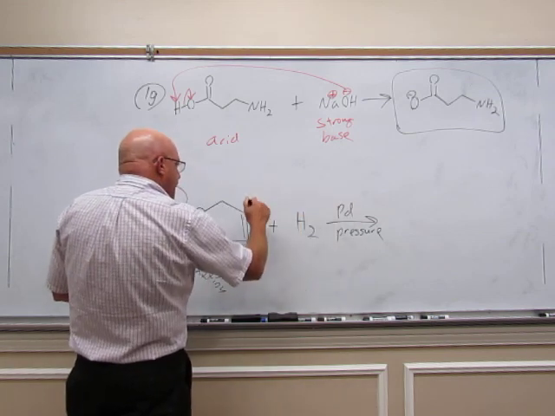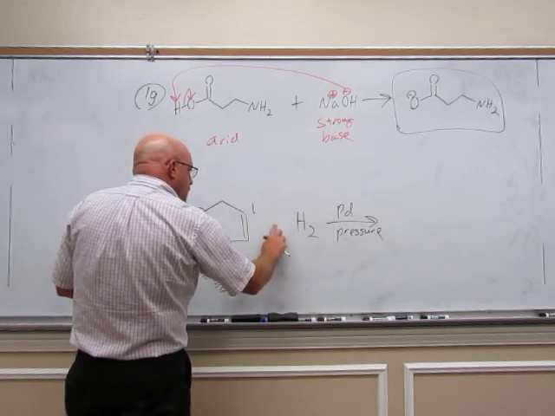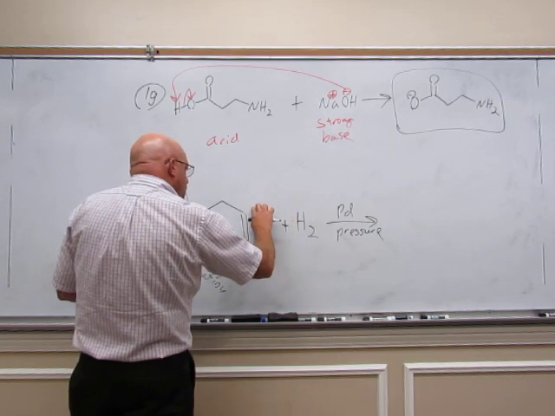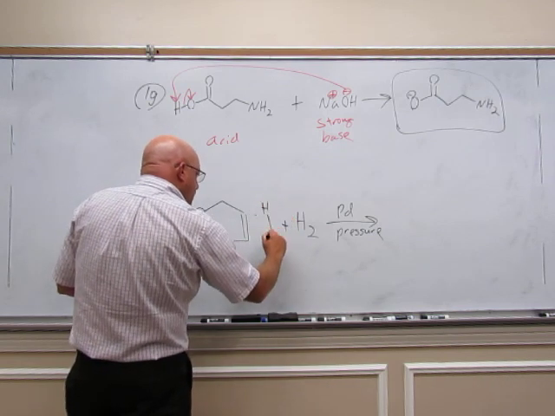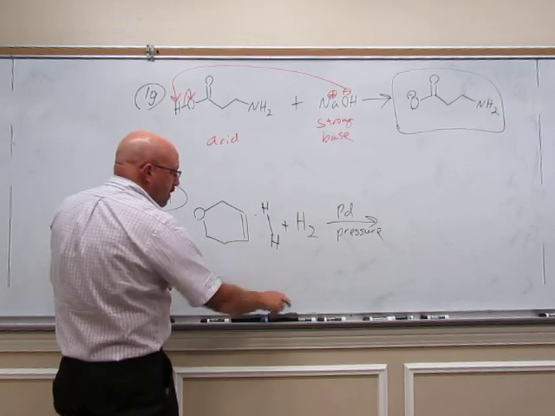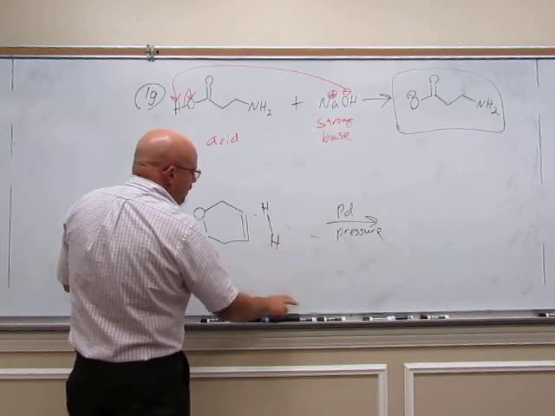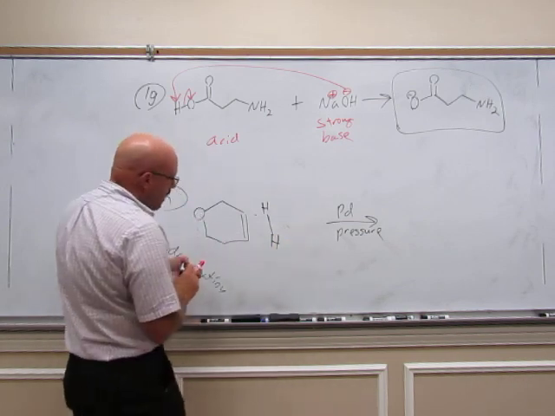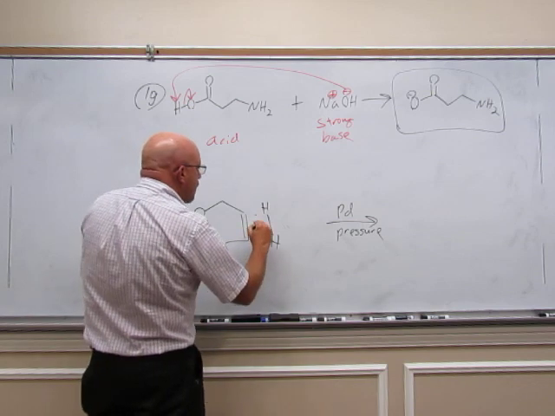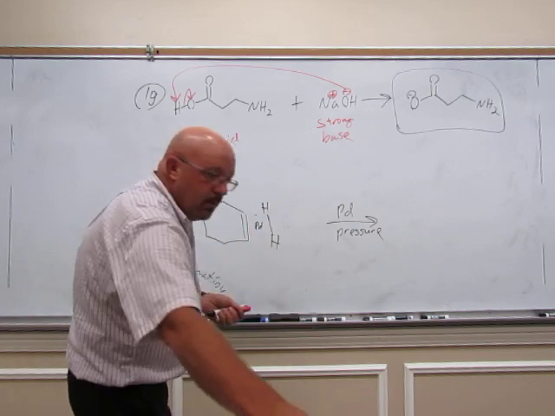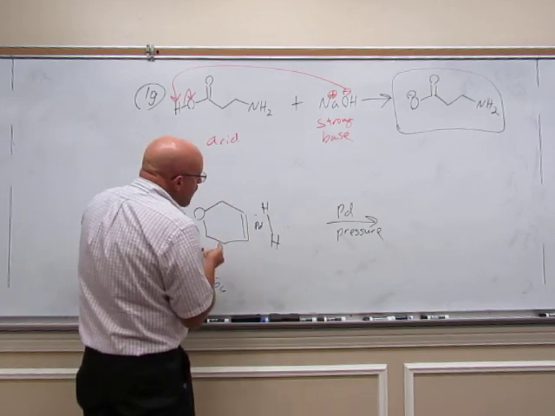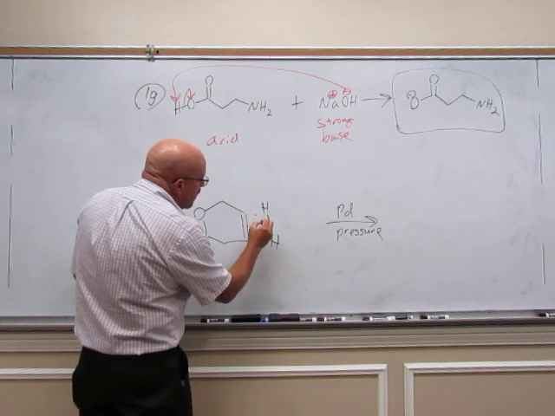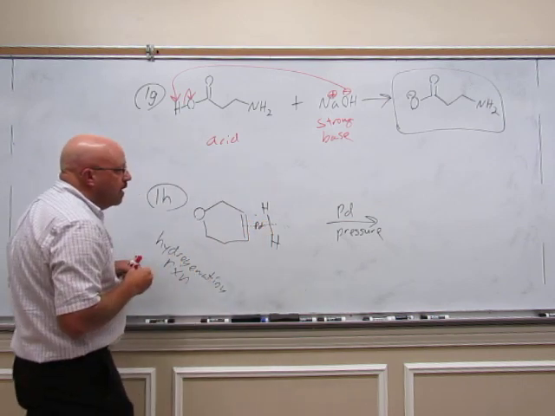The palladium's the catalyst. It's going to coordinate with the hydrogen molecule. Let's just draw that hydrogen out. There it is, drawn out. So the palladium coordinates there to the double bond and to the hydrogen.